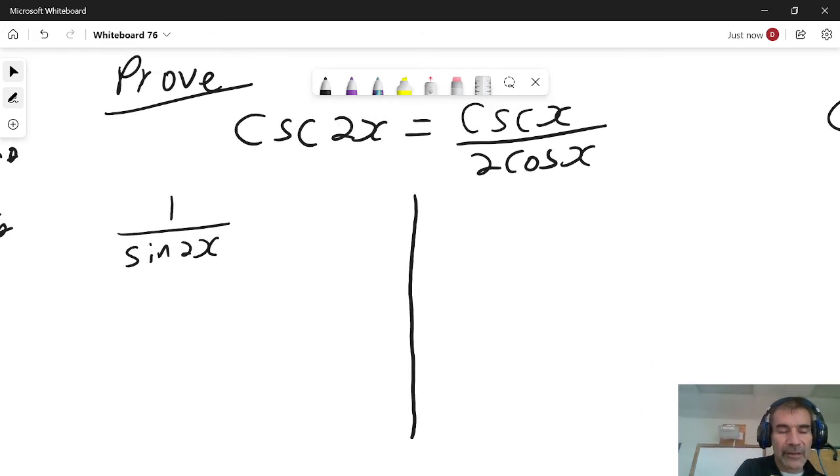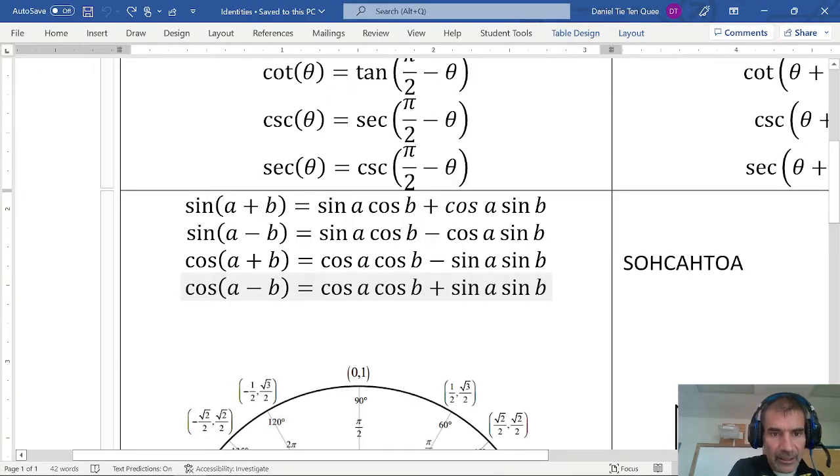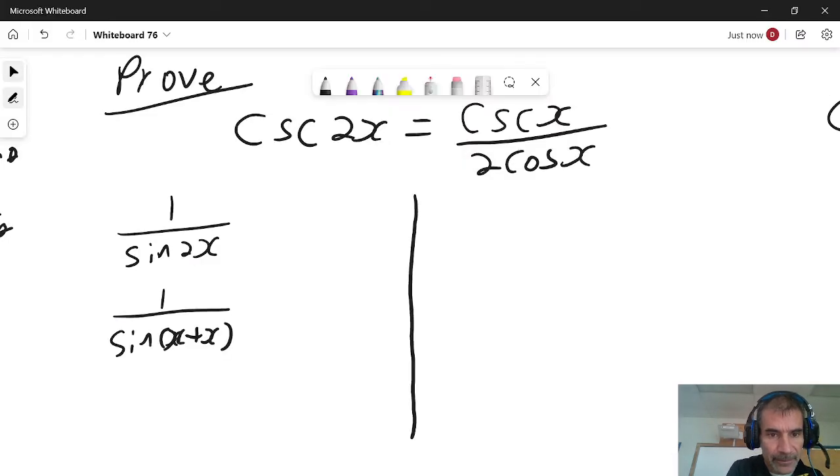Okay, so on the left I have 1 over the sine of 2x. That is 1 over the sine of x plus x. Right? 2x is x plus x. And the reason why I'm doing this is I want to relate it to something that I know. I know how to deal with the sine of a plus b.